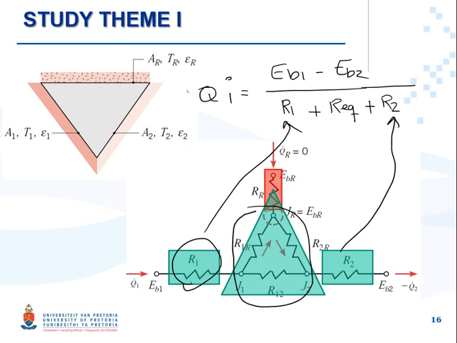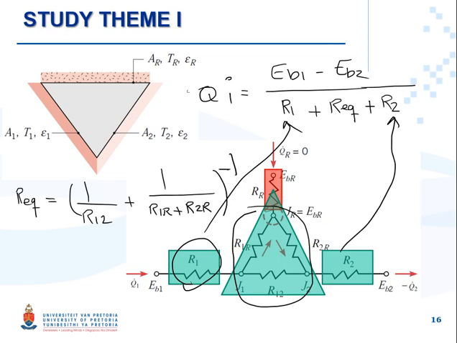How do we calculate that one? R equivalent is equal to (1 over R2 plus 1 over R1R plus R2R) to the power of minus 1. Okay, so that's how it works.